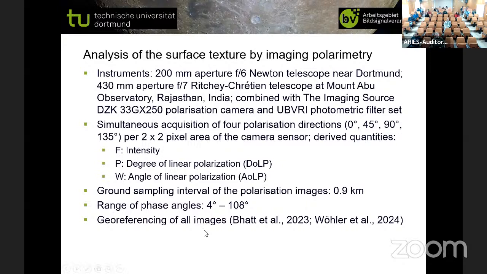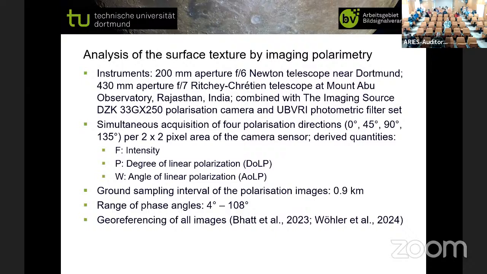And now I will give a very quick introduction to the analysis of the surface structure by imaging polarimetry, because that's why we are here. I don't present any of our new results because they need some extensive analysis. The instruments we used so far are surprisingly small. That's a 200 millimeter aperture Newton telescope near Dortmund.